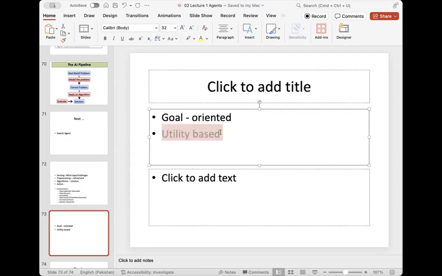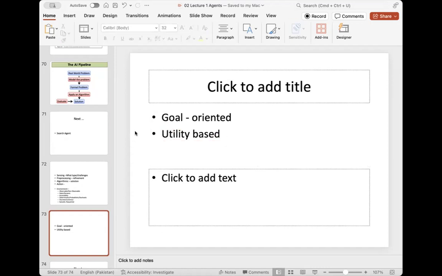Now, what would utility based mean? That you should go to your goal position using the best possible option. And that analysis or identification of the best option is done through some utility function. In the case of the vacuum cleaner problem, I gave you a state space.